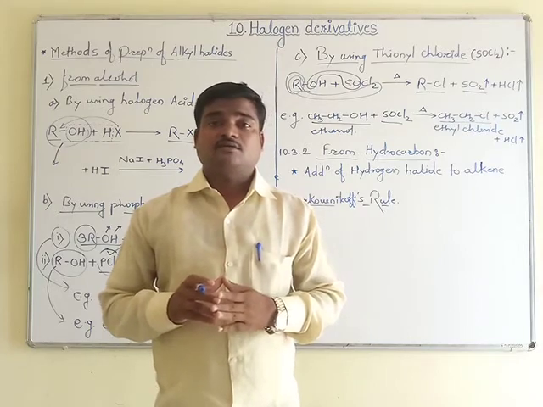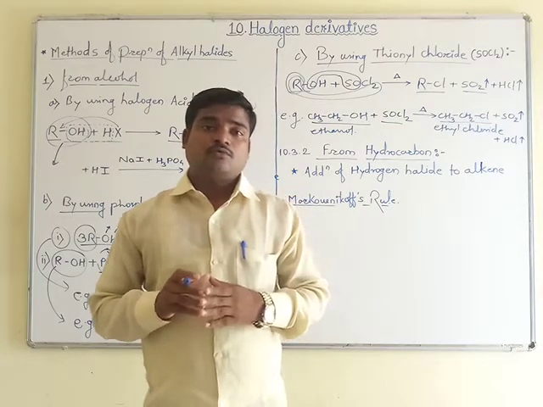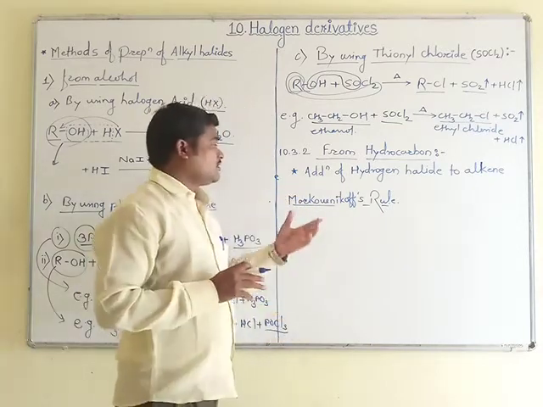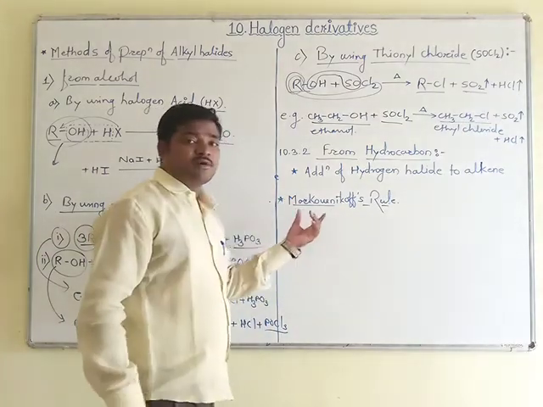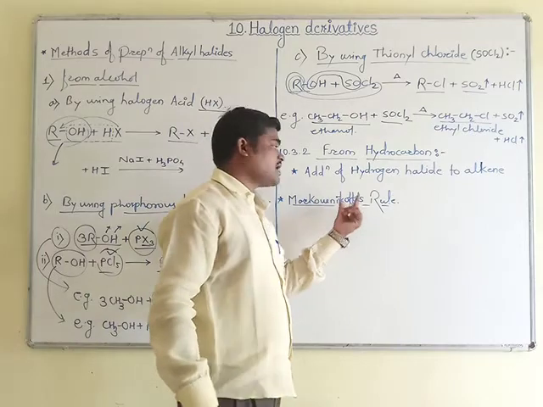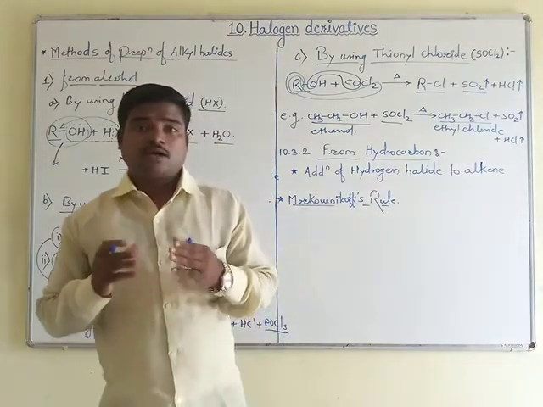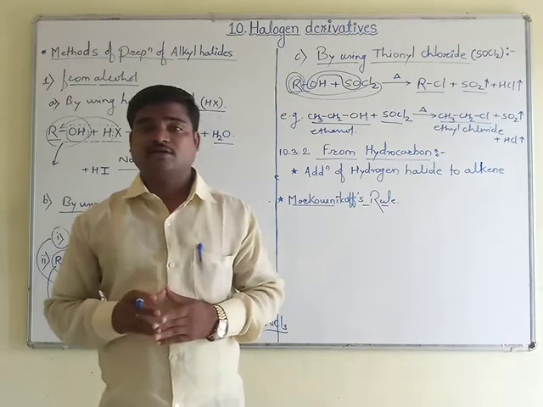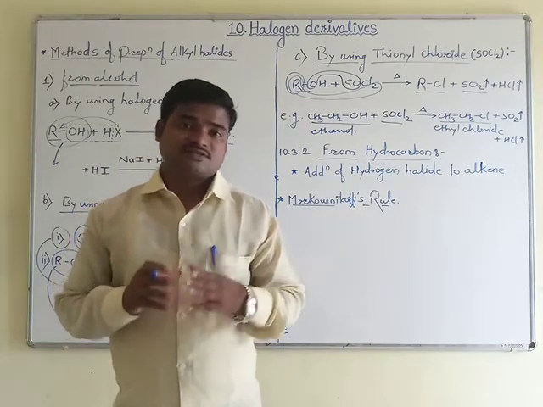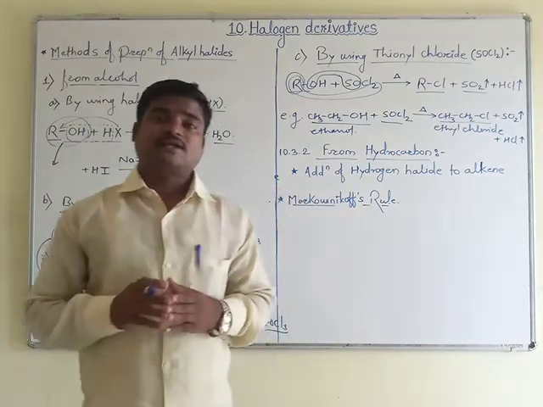Now if unsymmetrical alkenes are taken for the reaction, there are two possibilities. So to go into detail, we have to study this rule, that is Markovnikov rule. In previous standard also you have studied it.